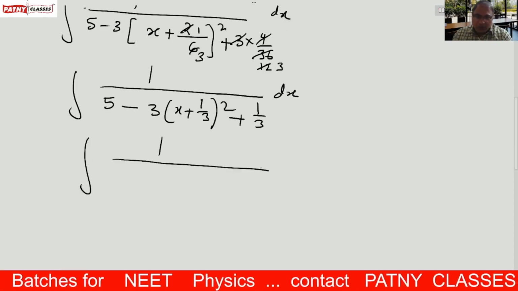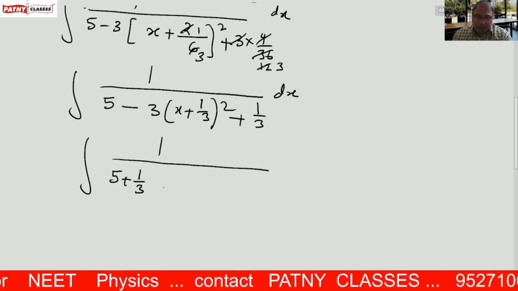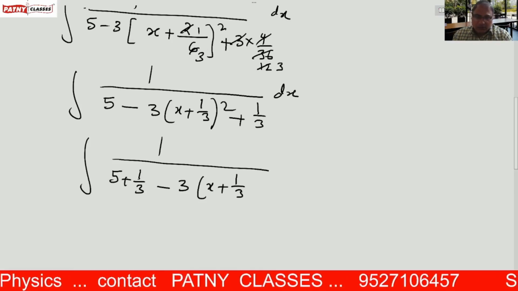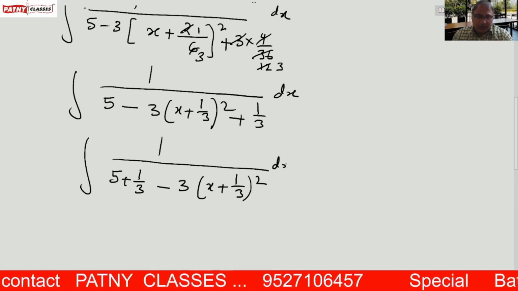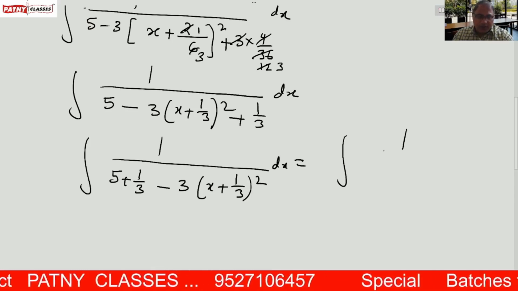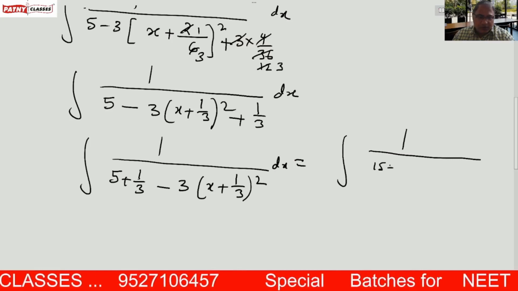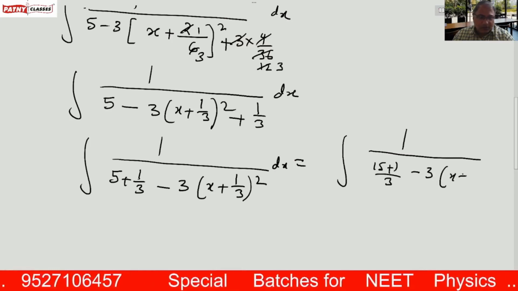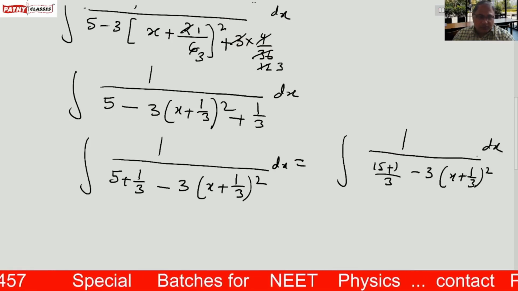Integration 1 upon 5 plus 1 by 3. Bring all the numbers together and add. When I add, what do I get here? 15 plus 1 upon 3 minus 3 into x plus 1 by 3 whole square with respect to x.